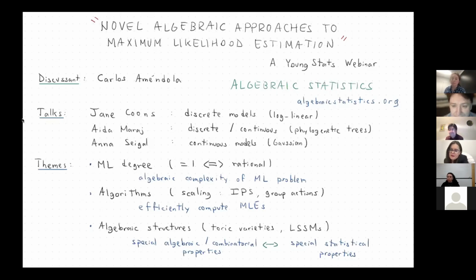So we're thinking in IPS, whether it converges in finitely many steps or infinitely many steps, as Anna was saying. If the ML degree is higher than 1, how bad is it if it's too large? Or for two different models that have ML degree higher than 1, is one really much harder than the other to find the MLE? I think this is an interesting question as well.